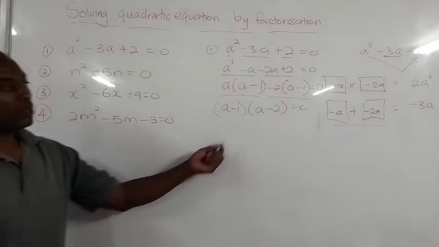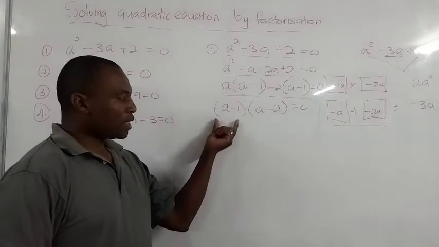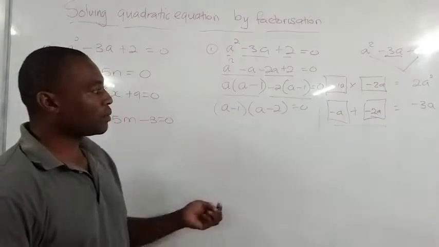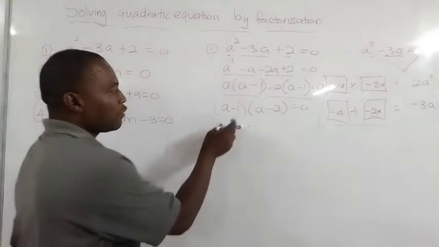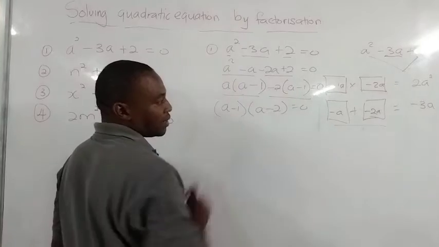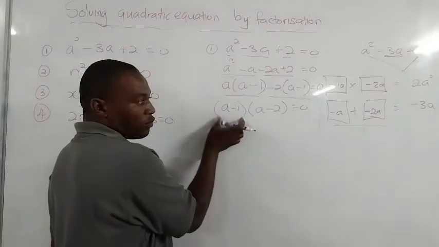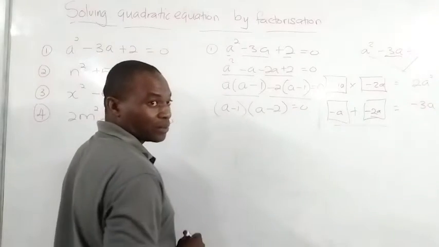Now, we are saying the product of 2 brackets is equal to 0. We apply what we call the 0 rule. If the multiplication of these 2 numbers gives us 0, we can only get 0 if one of these brackets is equal to 0.